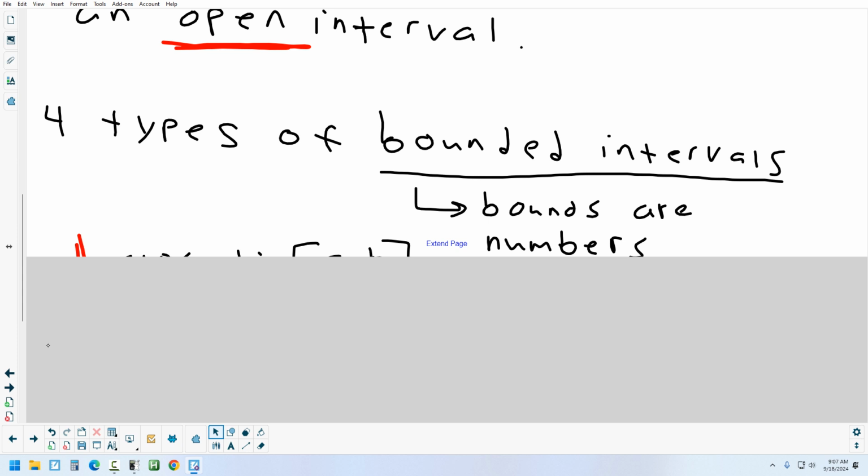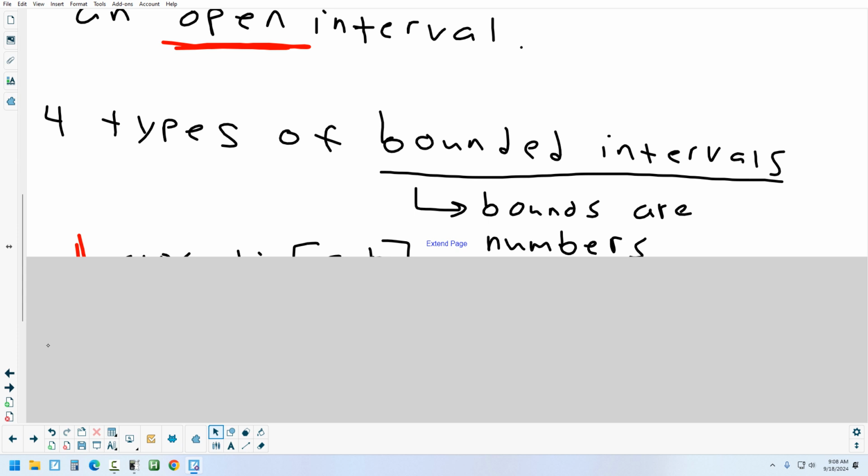What other symbol have we used in an interval that's not a number? Yeah. The equality symbols. So when we're writing an interval, that's not a symbol we use in an interval.